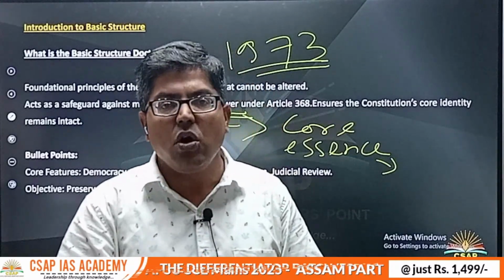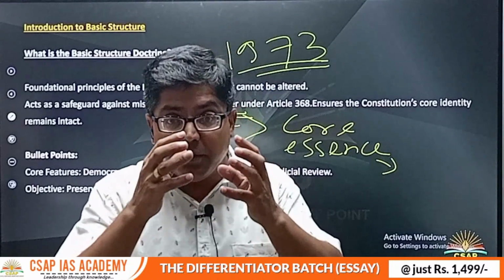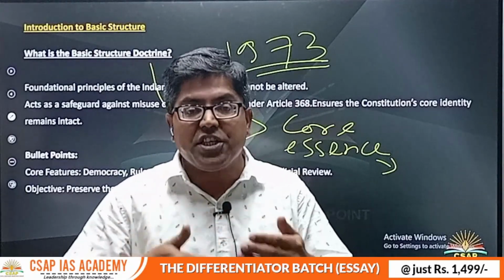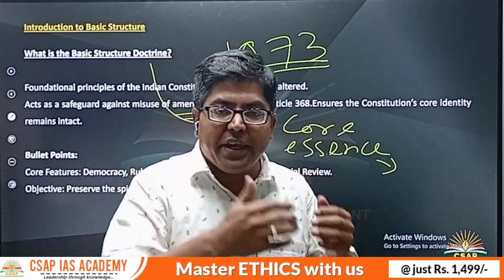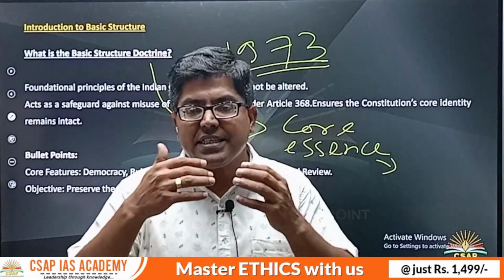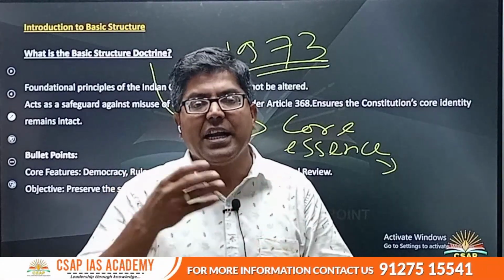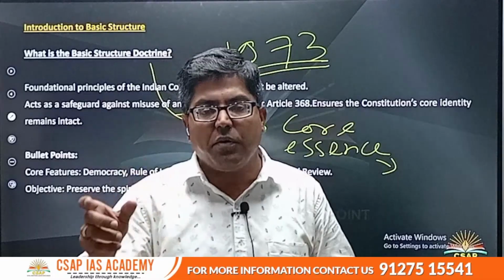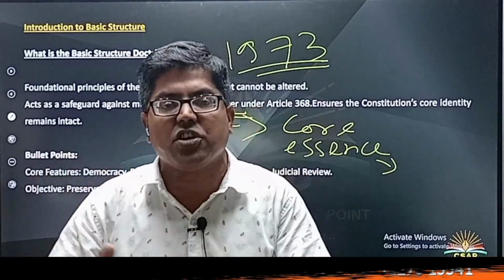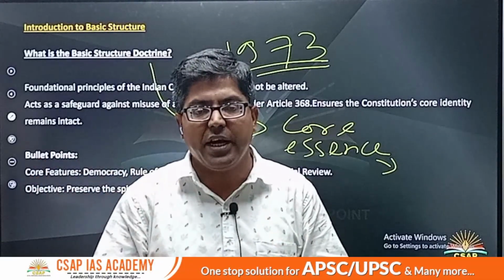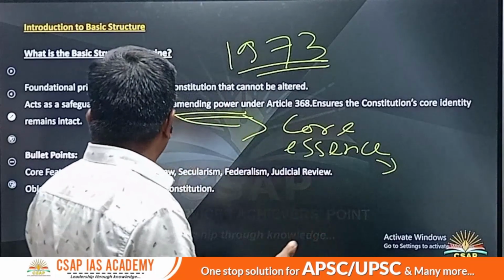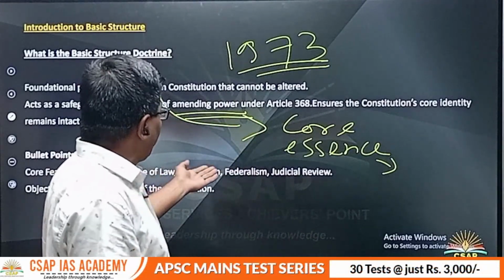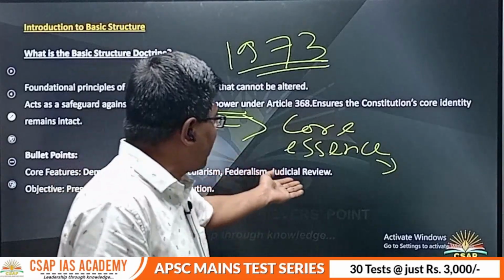So from there onwards, the judiciary from time to time, from case to case, has incorporated and highlighted various aspects of the constitution as the basic structure of the Indian constitution, right. So these we can talk about: democracy, rule of law, secularism, federalism, judicial review itself.